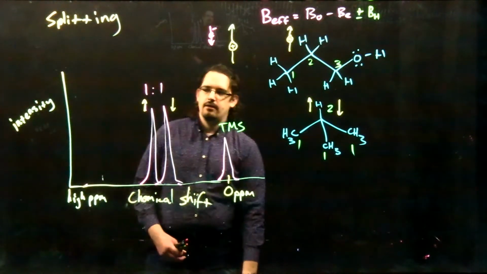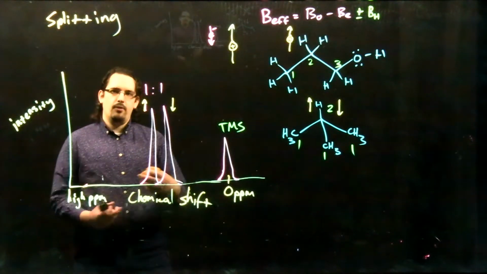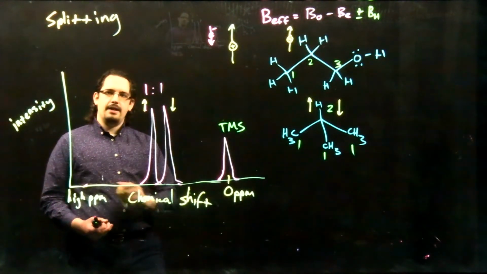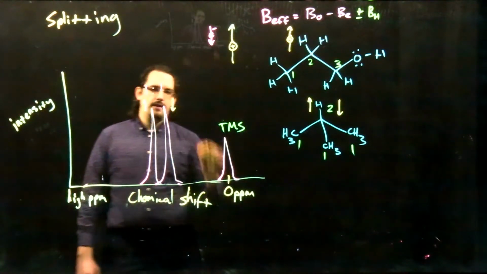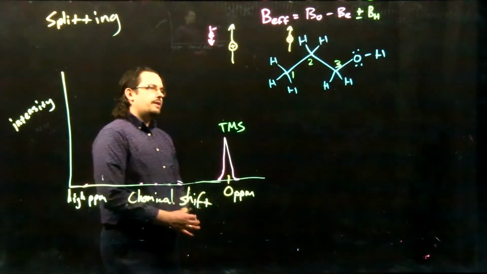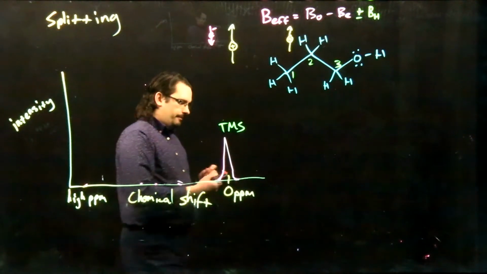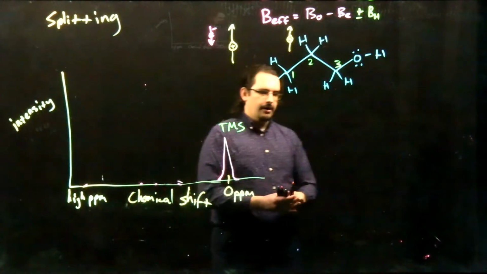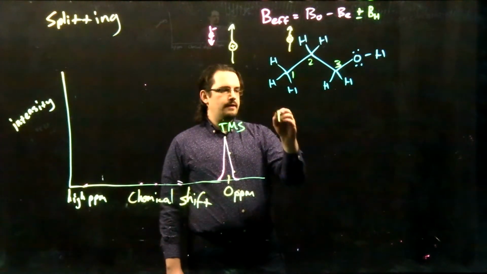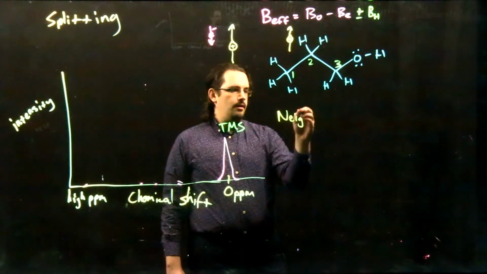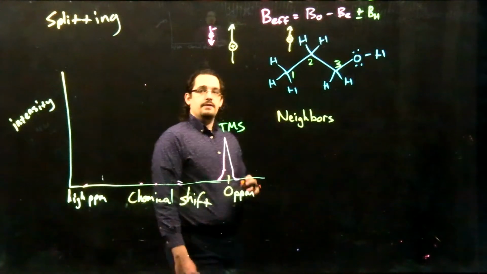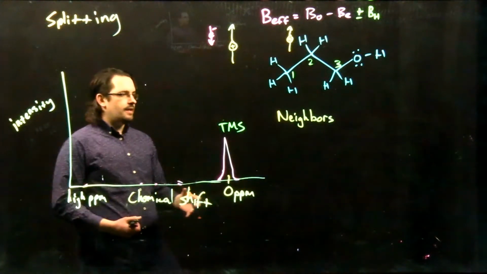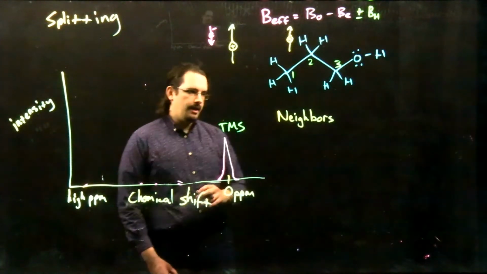Okay, so that's the simplest case. If we have one hydrogen atom, if it's up or down, we get 50% in one state, 50% in the other state. So let's go back to our previous alcohol molecule. So far we've learned, so let's make a column, that our peak is going to be affected by how many neighbors we have.